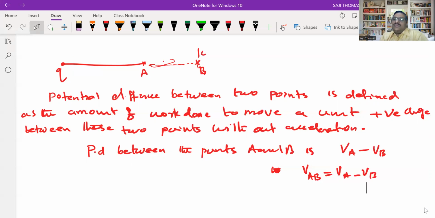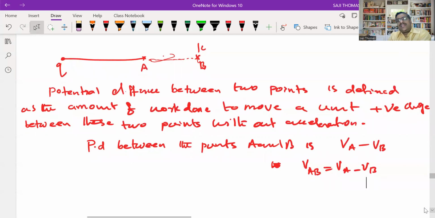So potential energy of a charge is the work done to move that charge in the electric field without acceleration. That is the potential energy of that charge. If I call potential, it means it is a work done to move 1 coulomb positive charge from infinity to the particular point without acceleration.